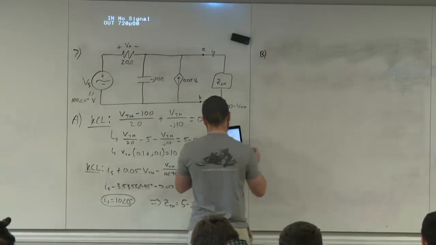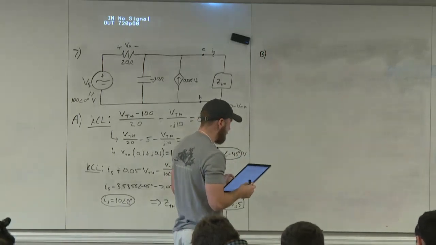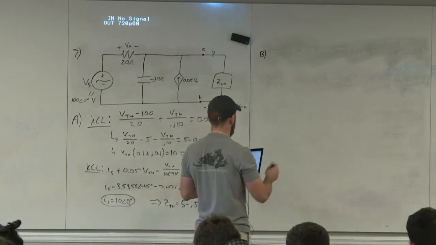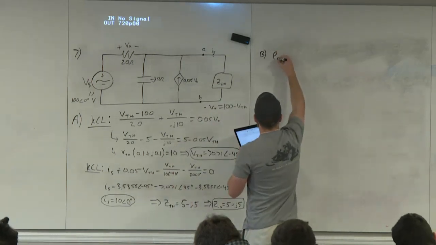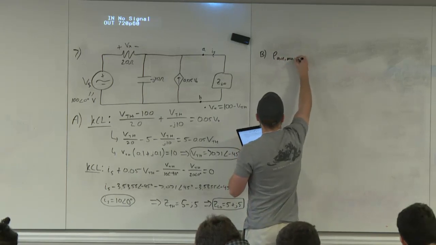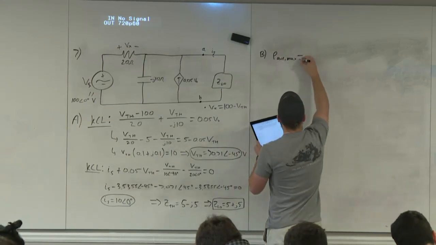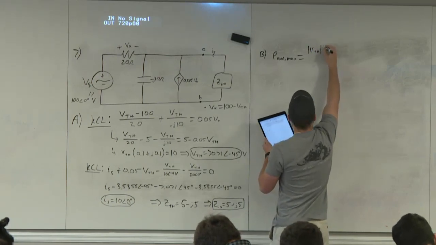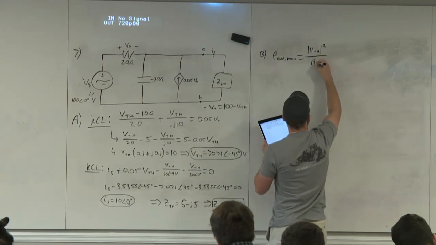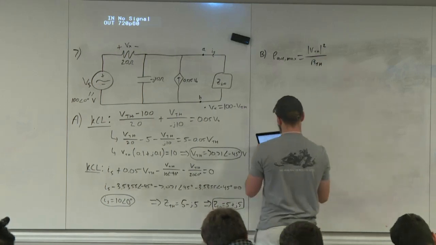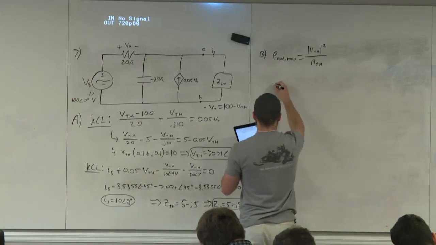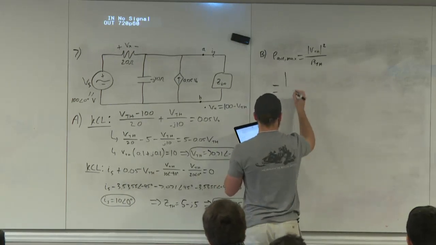is determine the maximum average power that can be delivered to the load, and they actually give you the formula, which is nice. It's equal to... okay, so this is really just a matter of plugging in, but there's one important thing to remember.